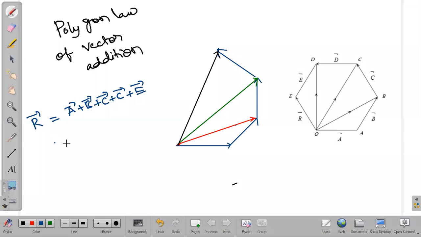Here I am writing in terms of vector addition only, not the magnitude. So we have OA bar plus AB bar plus BC bar plus CD bar plus DE bar. If we add all these lines, we get OE bar, right? That is our result.